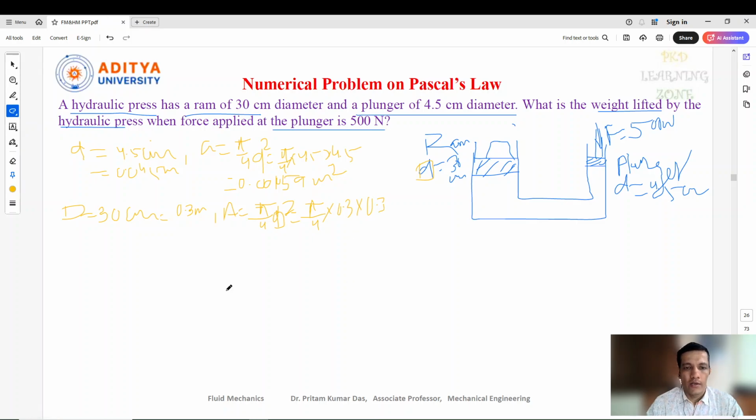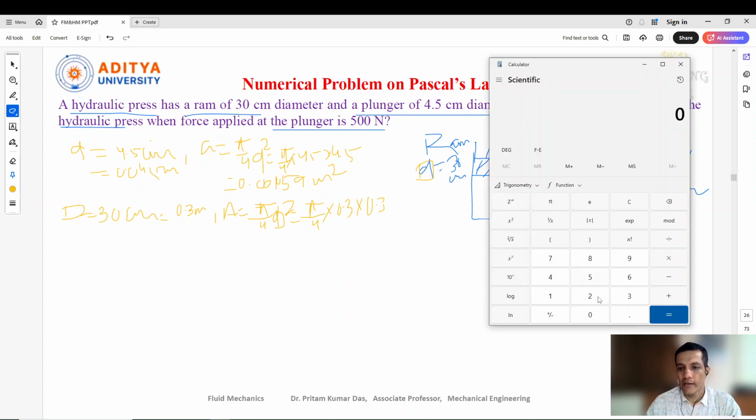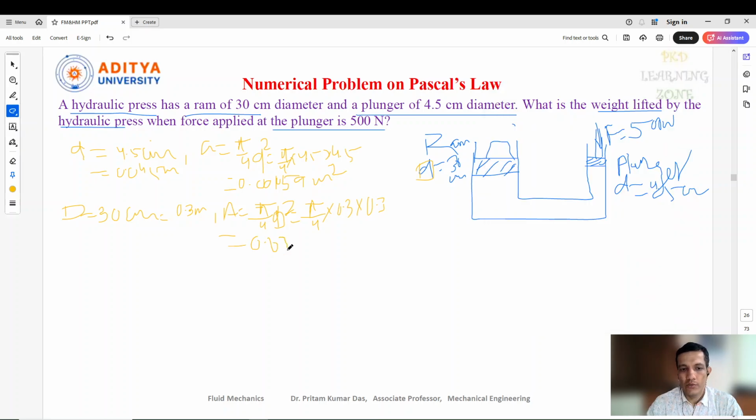Now we can solve this: 3.14 into 0.3 into 0.3 divided by 4, equal to 0.07065 meter square. Okay, this is the area at the ram side.